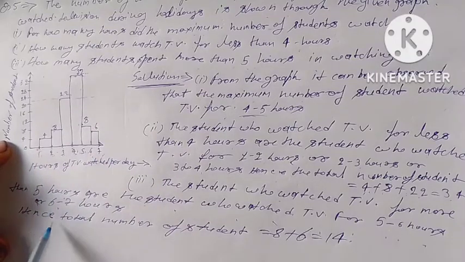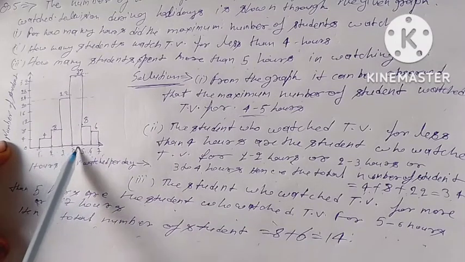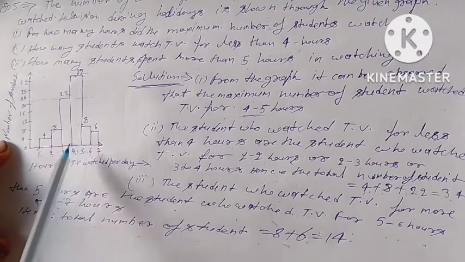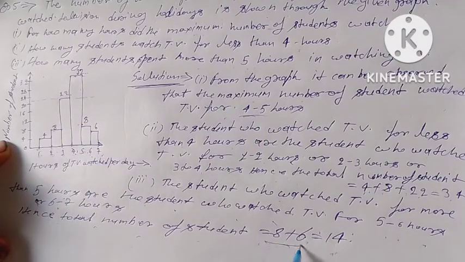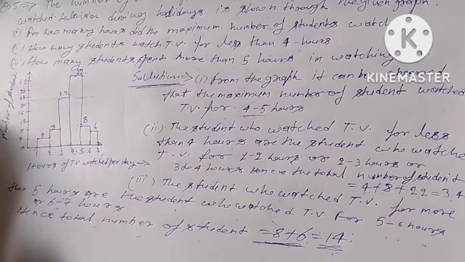So hence the total number of students is 5 to 6, 8 students, plus 6 to 7, 6 students. So 8 plus 6, 14 students. Okay, is this clear?